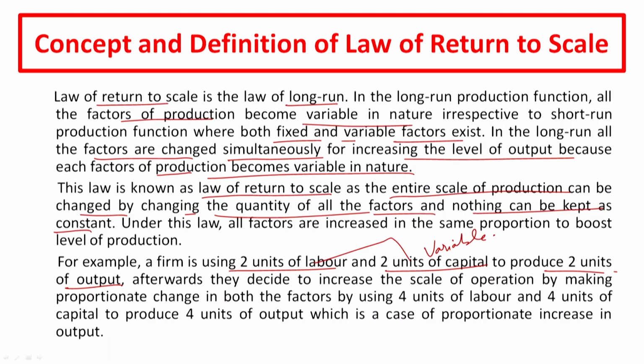Afterward, they decide to increase the scale of operation by making a proportionate change in both factors, using 4 units of labor and 4 units of capital to produce 4 units of output, which is a case of proportionate increase in output. That means for increasing production in the long run, each and every factor is changed in the same equal proportion.